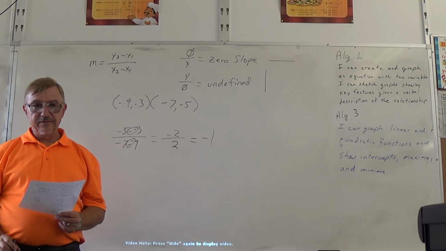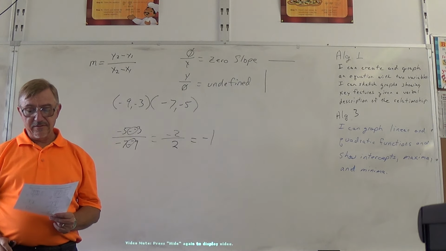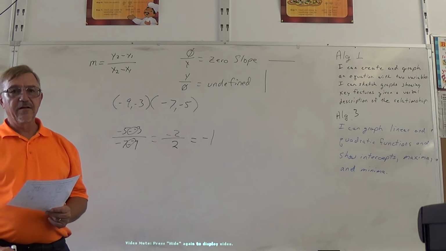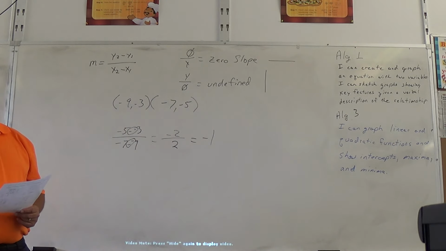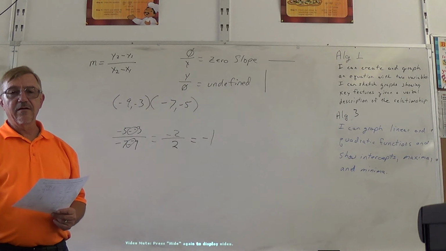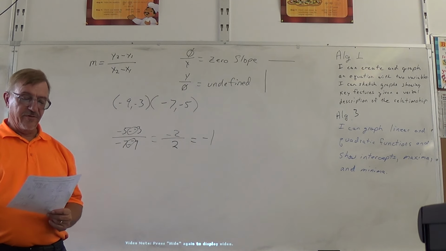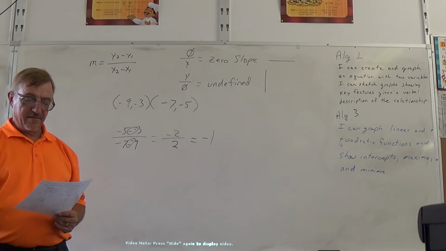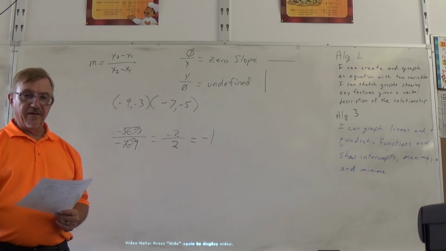Joseph, number 6. 1 over 7. Is there a negative in there? 1 over -7. Yeah, 1 over -7. Okay, Mac, number 7.